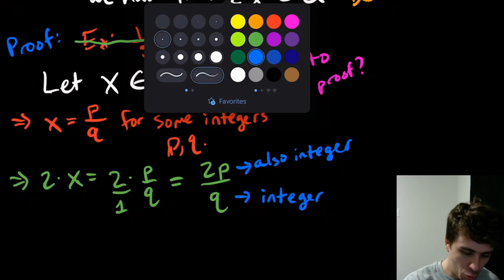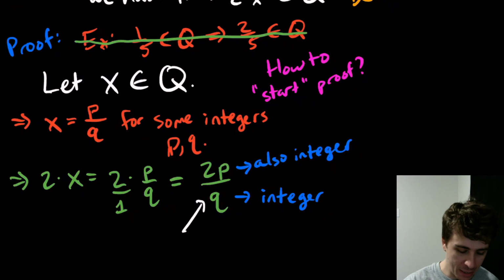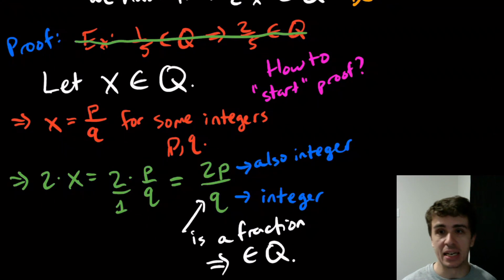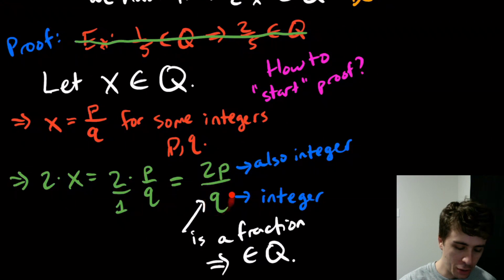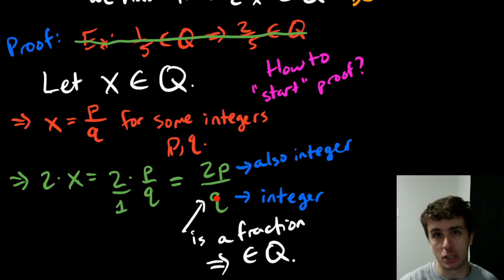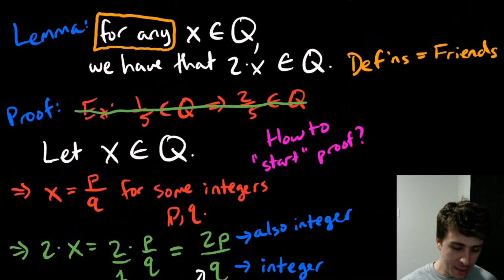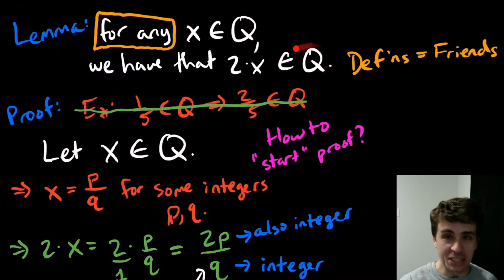So this tells us right here that this thing is a fraction, and therefore is in the set Q, because it's the division of 2 integers where the bottom is not 0. The top could be 0, but it doesn't matter in this case because I'm multiplying by 2. As long as it's some integer over a non-zero integer, which this is, then this must be a fraction, and therefore must be a rational number. And so that tells us that 2 times x is in Q.